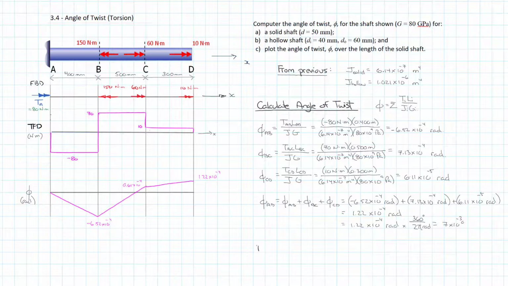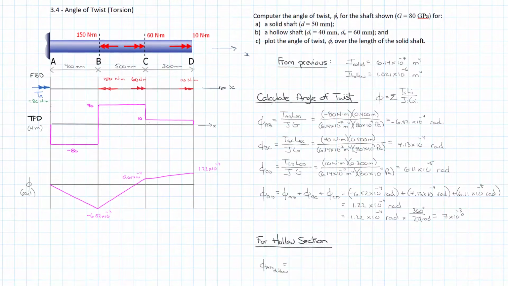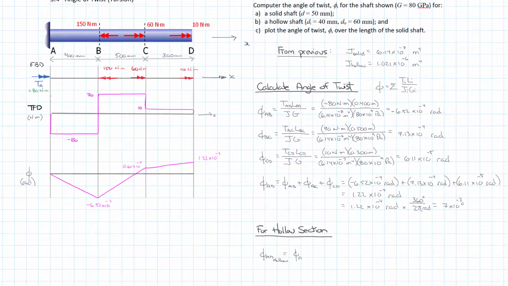So for the hollow section, our phi between A and D hollow, I'll give it an additional label here, will be equal to our angle of twist between A and D solid, which we know, multiplied by the ratio of their polar moments of inertia, like this.